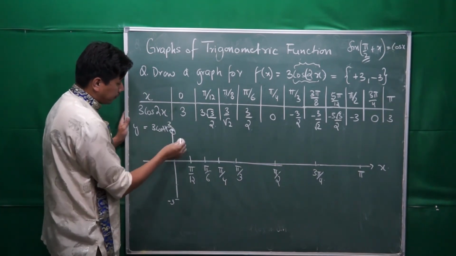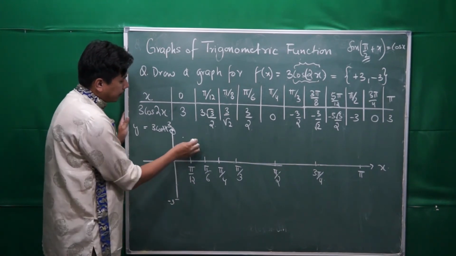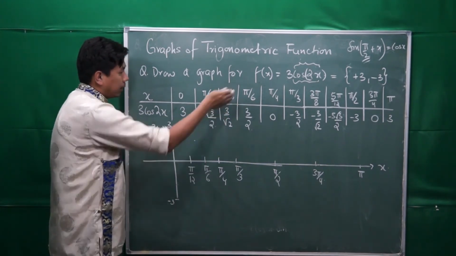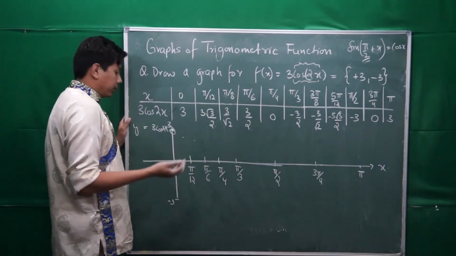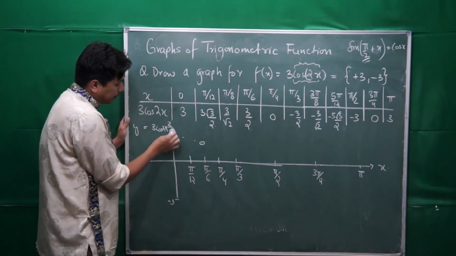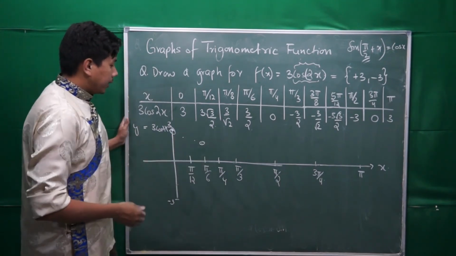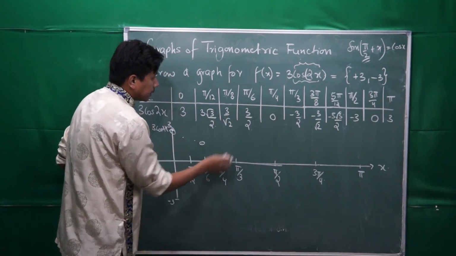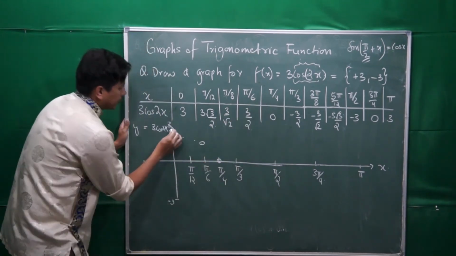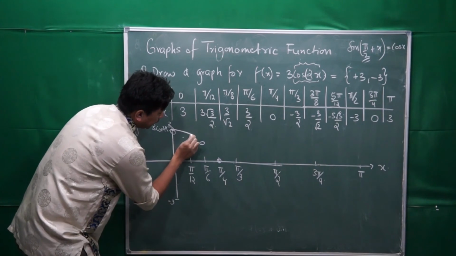So likewise it keeps on falling down. 3 by root 2 at pi by 8, it falls down. Pi by 6, 3 by 2, which is 1.5, something like that, in the center between these two lines. And then for pi by 4, what we find is it is 0. Alright, so the graph is turning around something like this.